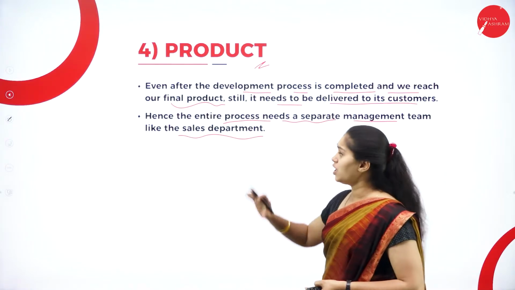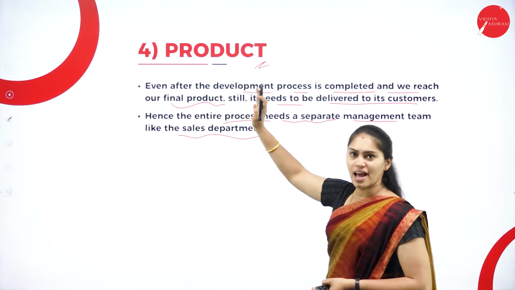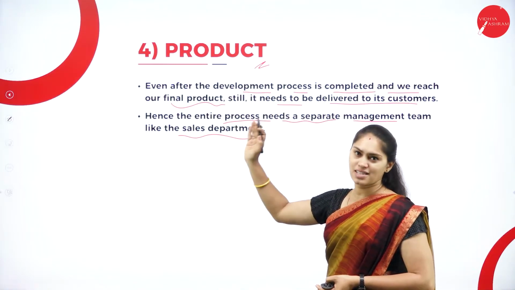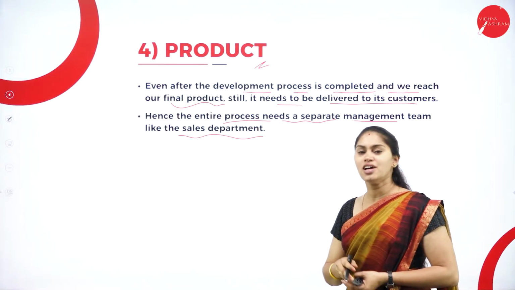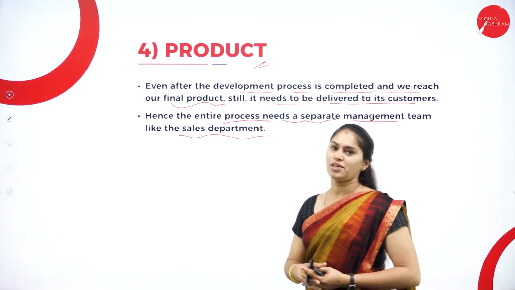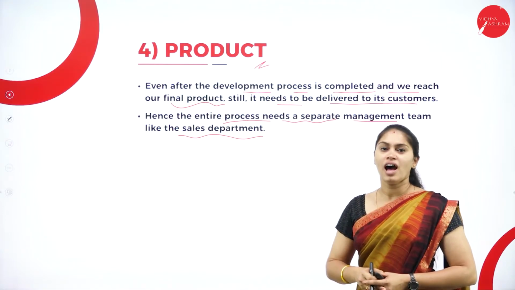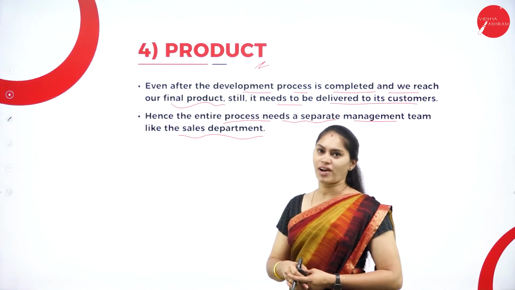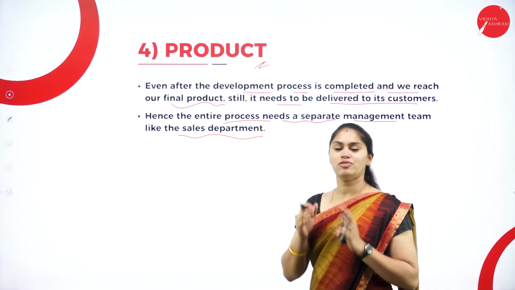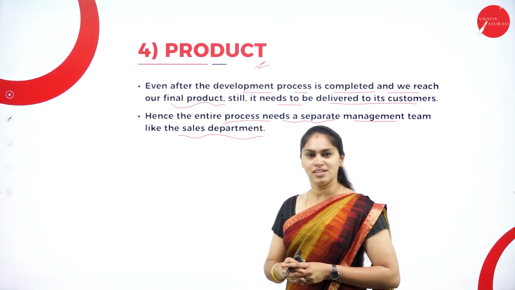All those are required only once it is considered a final product. As I told earlier, it will be ready to use. So all these 4 P's are factors responsible for the management of software development.